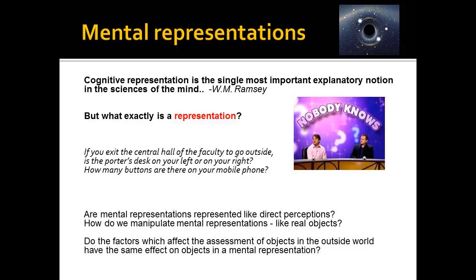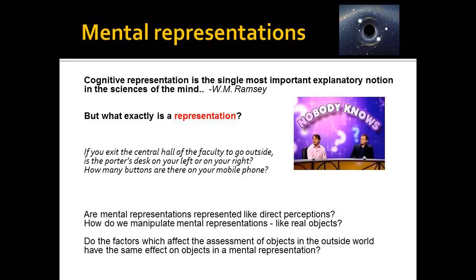If processes are taking place when you see something directly, do you then use the same processes to later visualize what you saw? If there are factors that affect the way you see a real object, do those same factors then affect how you later visualize that object? Well, we're slowly starting to figure all of that out.